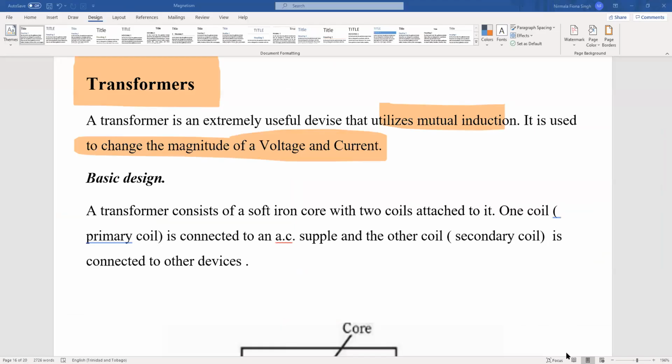It's a gray cylindrical box. Almost every single street will have a transformer on it. Let me just pull up a picture for you.